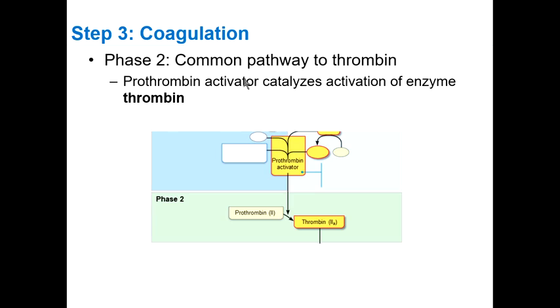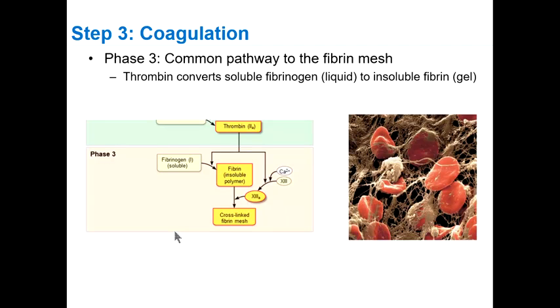Phase 2 is not quite as complex. This is how we create thrombin. So what happens is this prothrombin activator, which becomes an enzyme when it's activated, catalyzes another reaction from prothrombin, clotting factor, becomes thrombin. That's phase 2. And finally, phase 3 of coagulation, the thrombin that was created in phase 2 will convert fibrinogen, which is soluble.